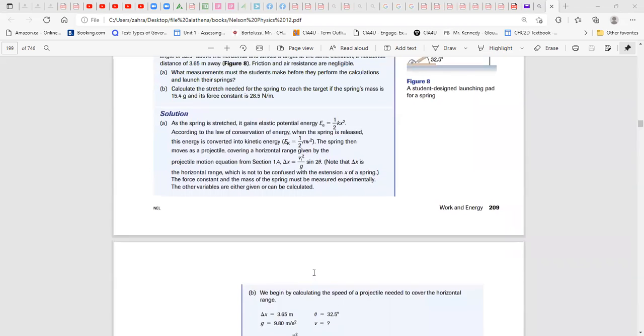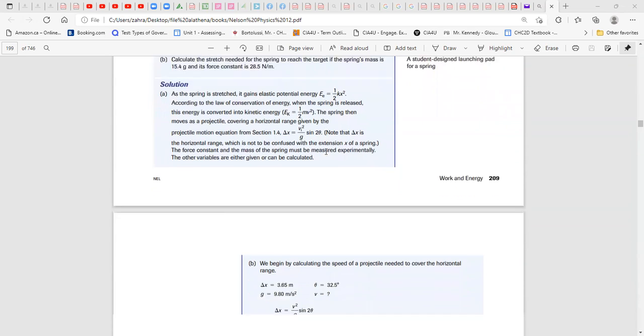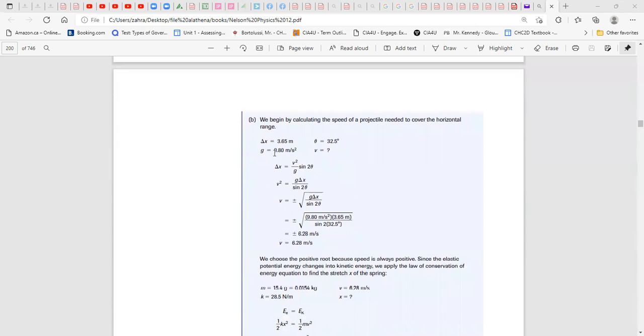So calculate the stretch needed for the spring to reach the target if the spring's mass is 15.4 grams and the force constant is 28.5. Now, delta x equals v² sin 2θ over g, this is for projectile motion.